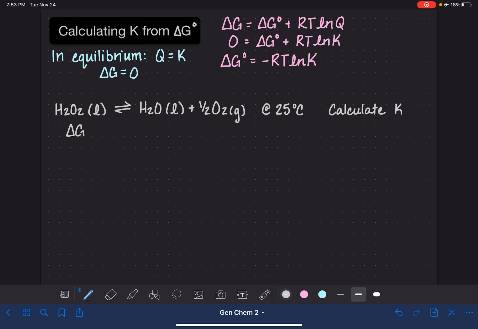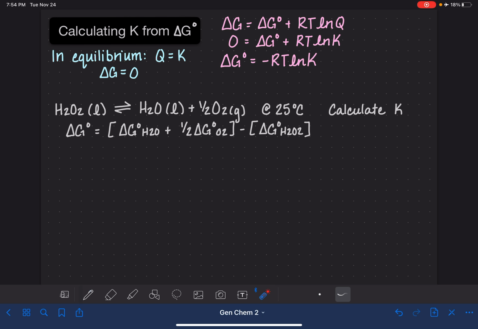To calculate delta G standard using Hess's law, we are going to take the delta G standard of our products, H2O, and also 1/2 of the delta G standard for our other product, O2, and we are going to subtract from that the delta G for our reactant, H2O2. These delta G values, we just look up in a table of thermodynamic data. We can plug them into this equation.